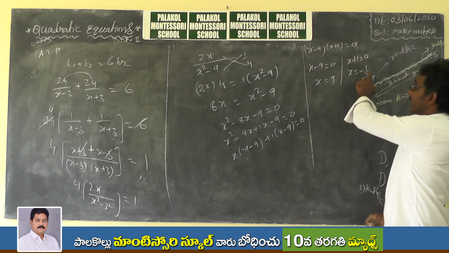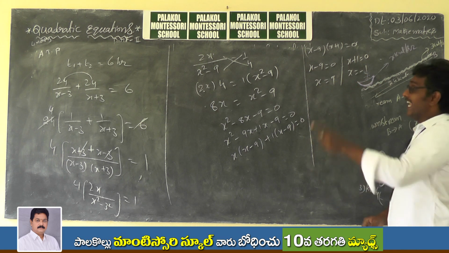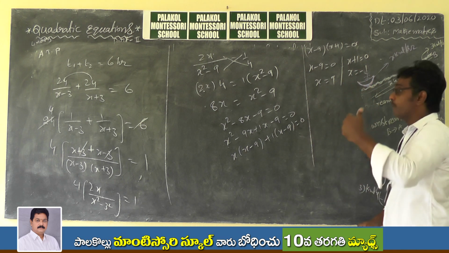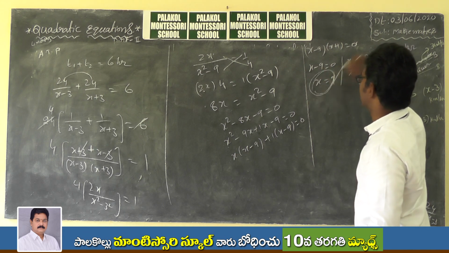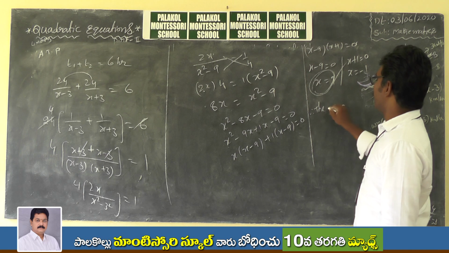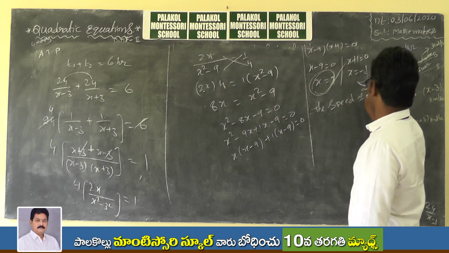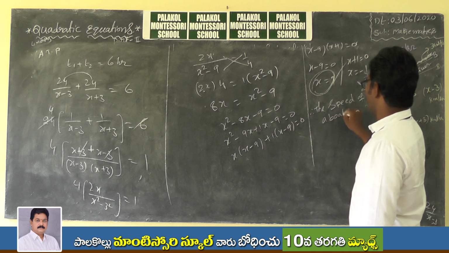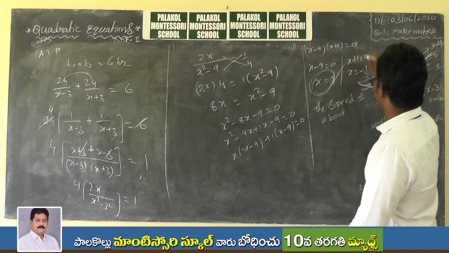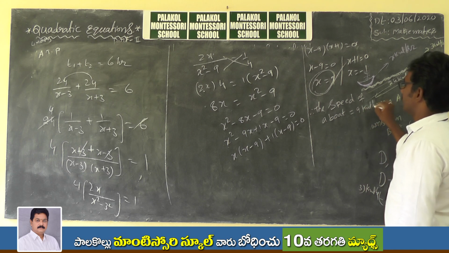But here we have a negative number, so x cannot be negative. Why? x indicates the speed of the boat. Now you take that the x value is equal to 9. That means the speed of the boat, a motor boat in still water, x is 9 kilometers per hour.